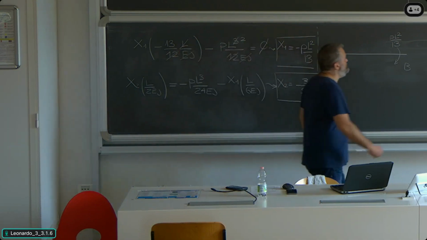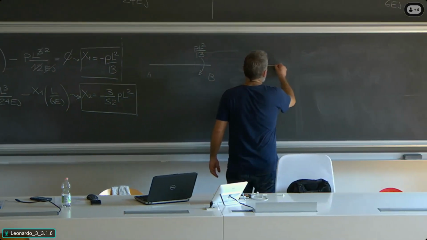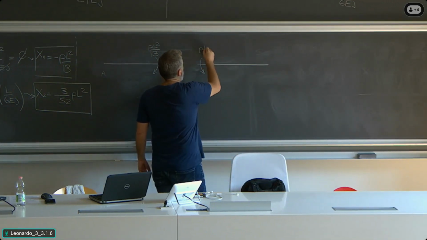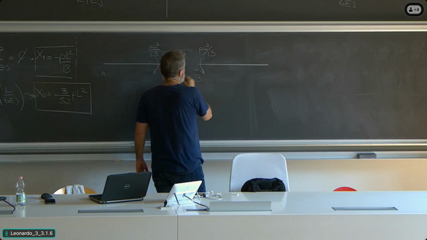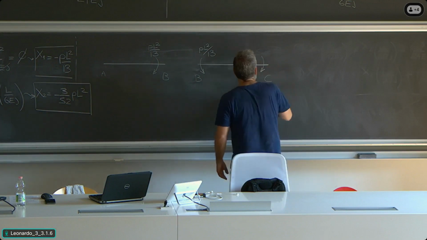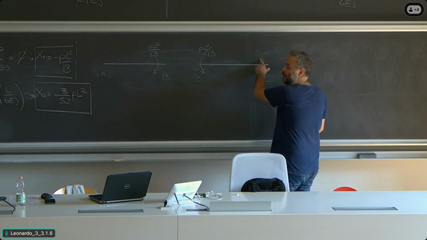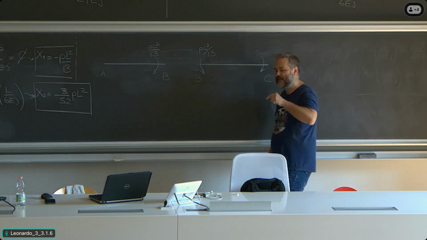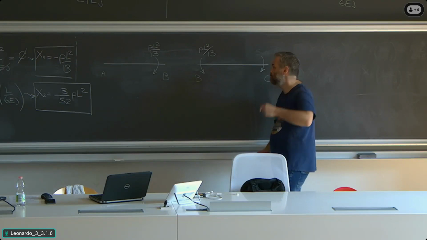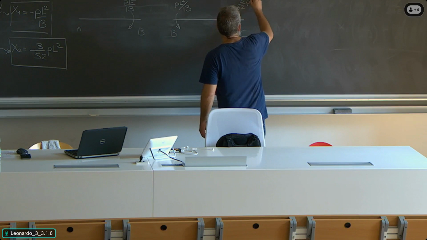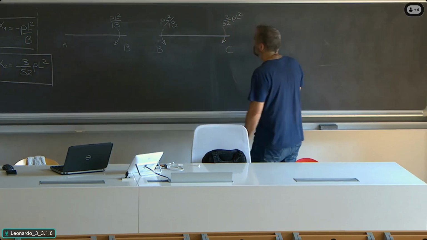Then you have a span BC, central span. At the first end, you have moment x1, PL squared divided by 13, and this is, of course, point B. This is point C with a bending moment that is x2. Again, we assumed it to put tension at the bottom. The result is negative, which means tension will be at the top. And this value here is 3 over 52 PL squared.